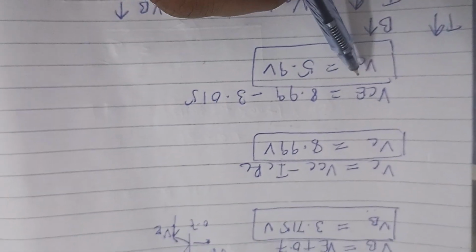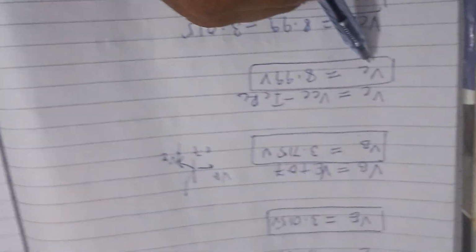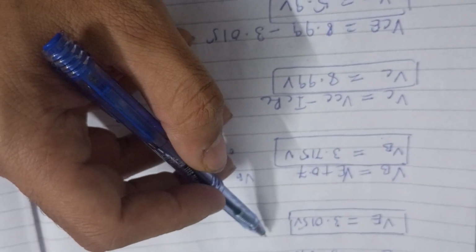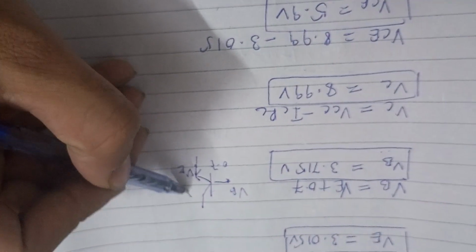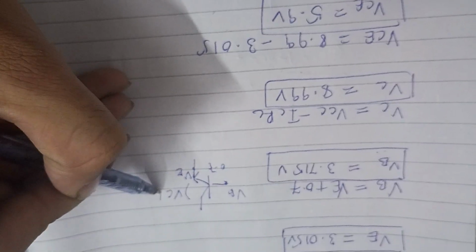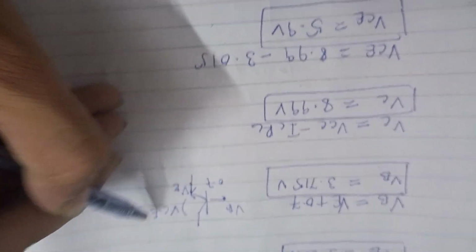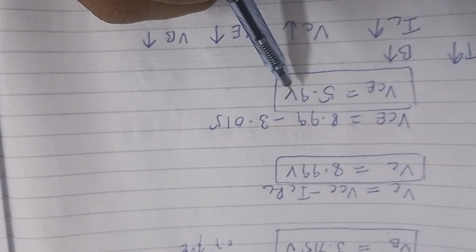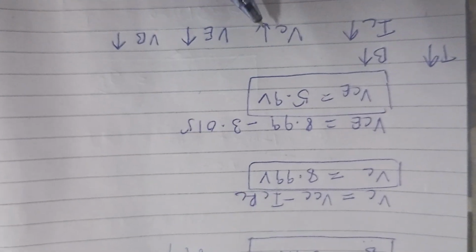Similarly, since we know the collector voltage and have calculated the emitter voltage, we can find the drop across the collector and the emitter, which is around 5.9 volts.